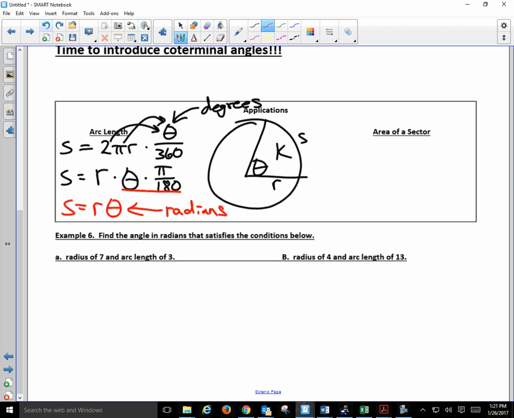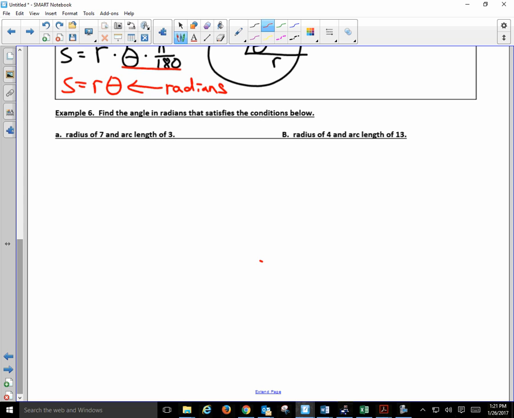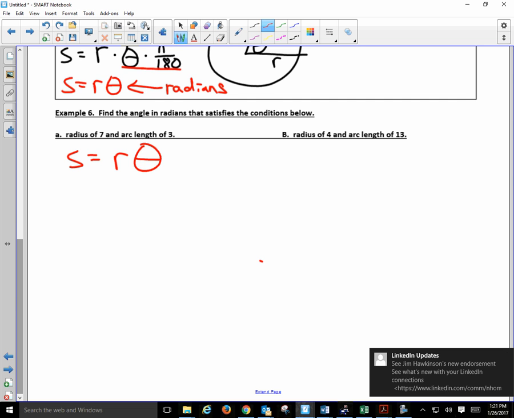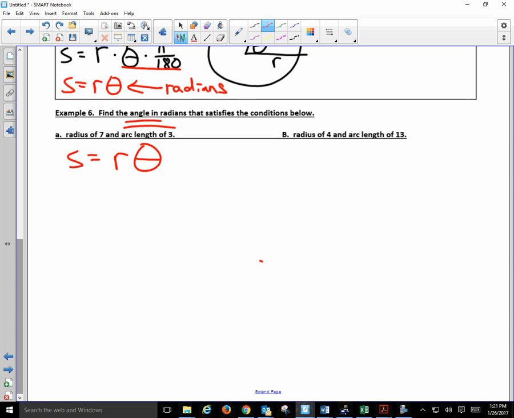Let's do a couple of examples to bring this to light. Example 6 says find the angle in radians that satisfies the conditions. So I have a formula. S is equal to r theta. Radius of 7 and an arc length of 3, find theta. Find the angle, find theta. S is, what's S in this problem? 3.